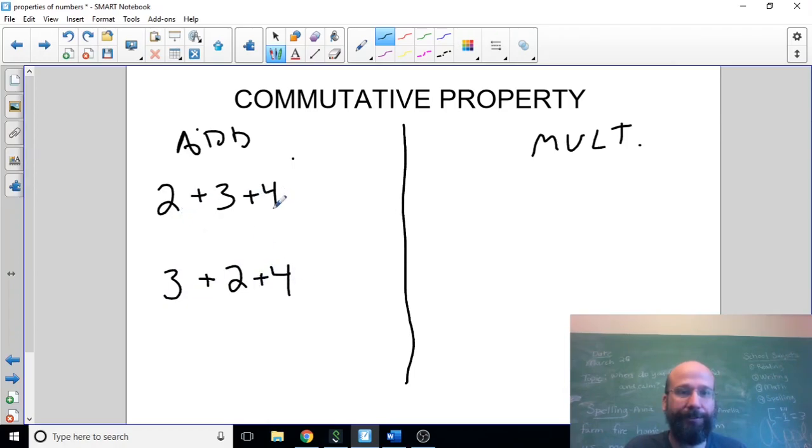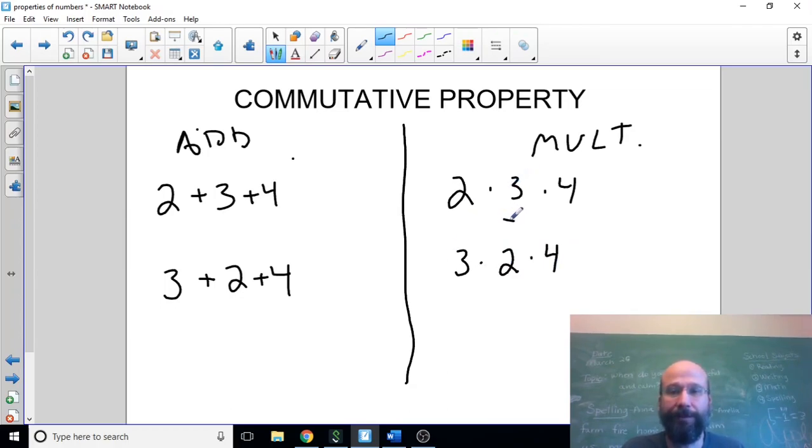Right? The order changed, but you still get the same answer. This is with addition, and the same is true for multiplication. 2 times 3 times 4 is the same as 3 times 2 times 4. Right? The order changed, but the answer is the same. These are the same. That's the commutative property of multiplication.